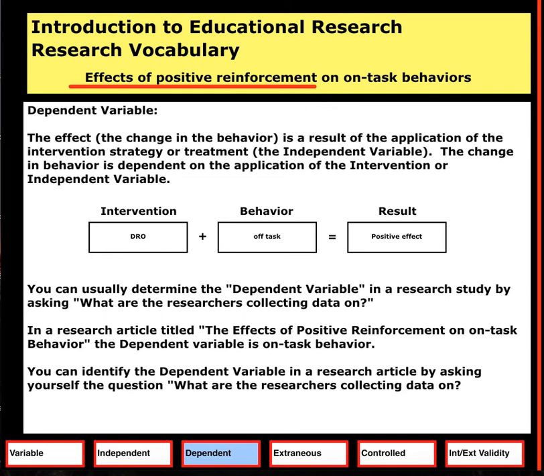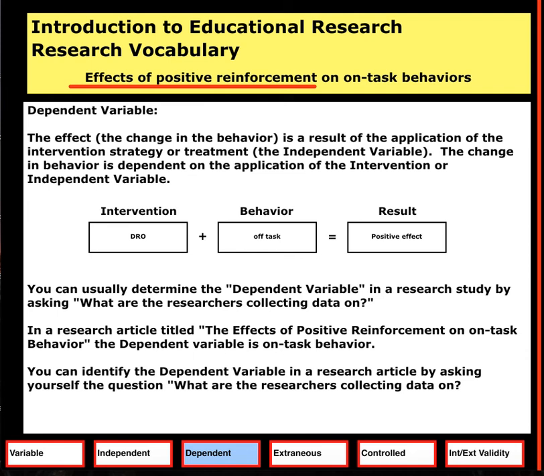And it is the effect or the change in behavior as a result of the application of the intervention strategy or treatment, which is the independent variable. The change in behavior is dependent on the application of the intervention or independent variable, thus the name dependent variable.